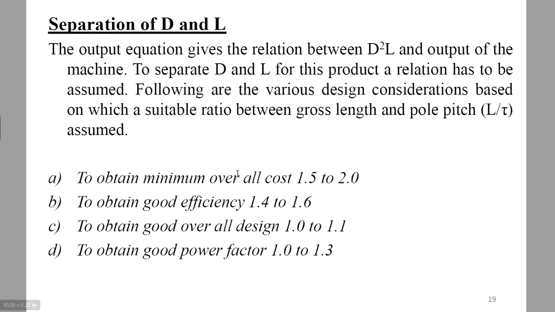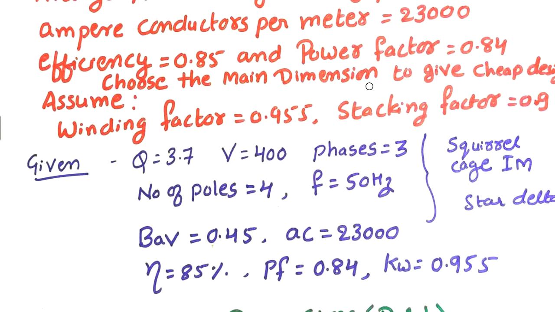To obtain a minimum overall cost, the ratio should lie in the range of 1.5 to 2. Cheap design means minimum cost.